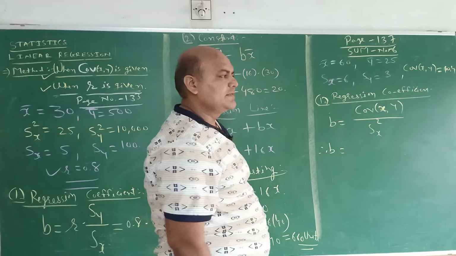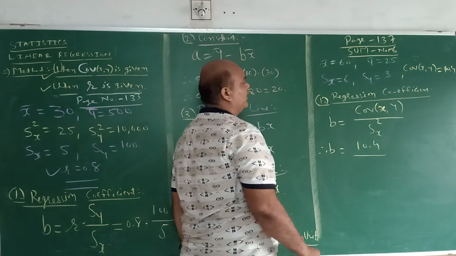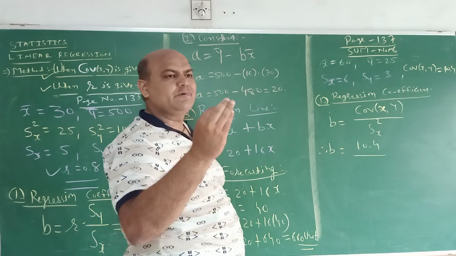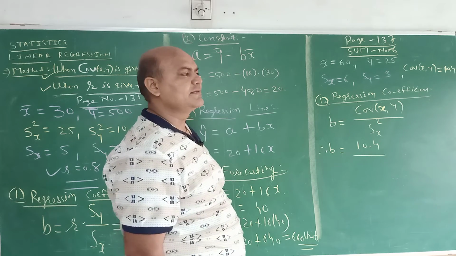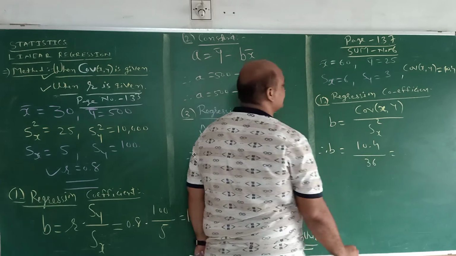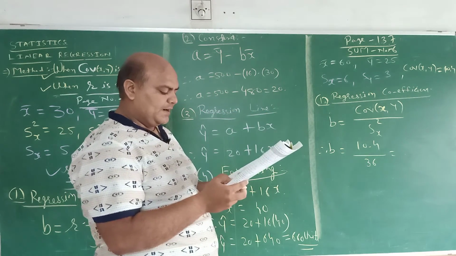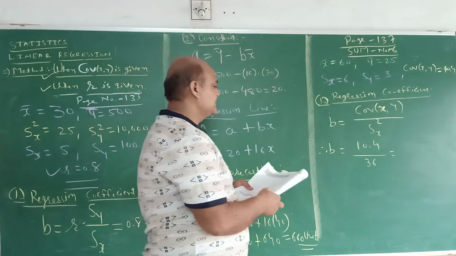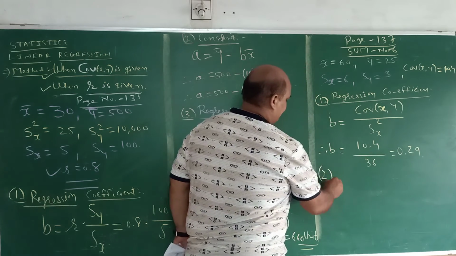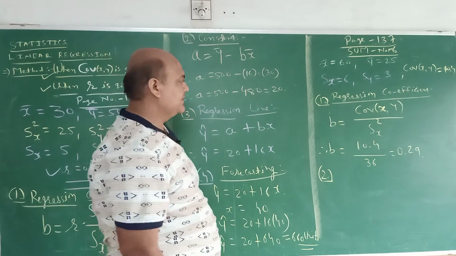Covariance xy is given, 10.4. They provide Sx, so we have to do the square of Sx. 6 square is 36. 10.4 divided by 36, the answer is 0.29. That is the first step when covariance xy is given.